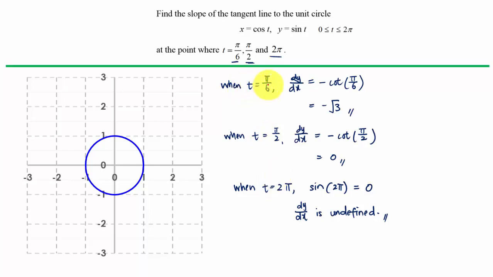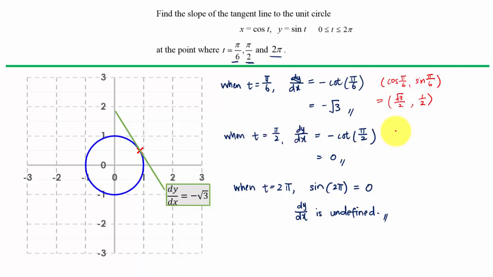When t is equal to pi over 6, we have the coordinates of square root 3 over 2 and half. So this point is as shown on the graph, and if we draw the tangent to this point, we will get a tangent line as shown.